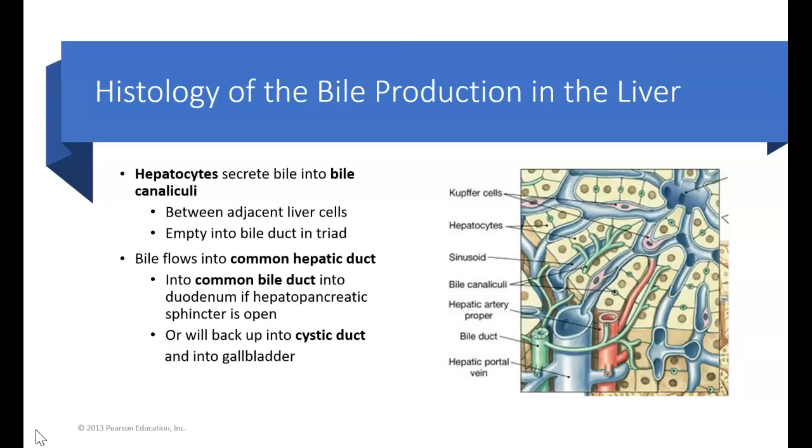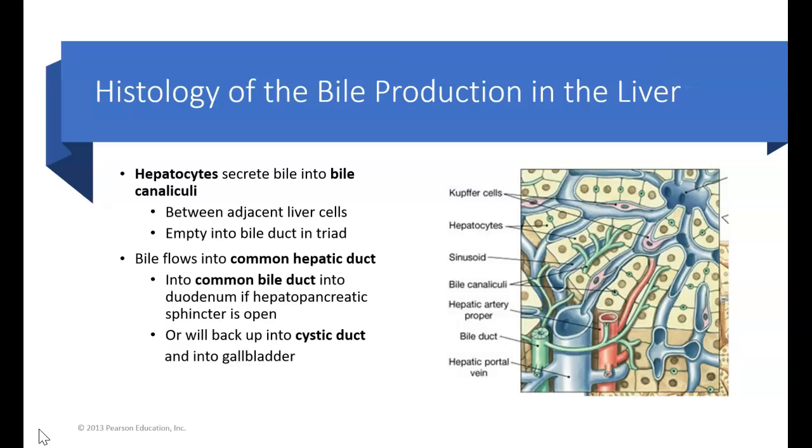Between the hepatocytes, which are going to produce the bile, are grooves that form little tiny rooms called the bile canaliculi, or the bile canaliculus. These small ducts are going to accumulate all of that bile that's being made by the hepatocytes. From here, the bile first flows into the bile ductules and then into bile ducts.